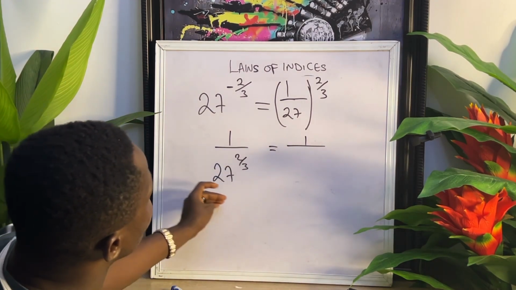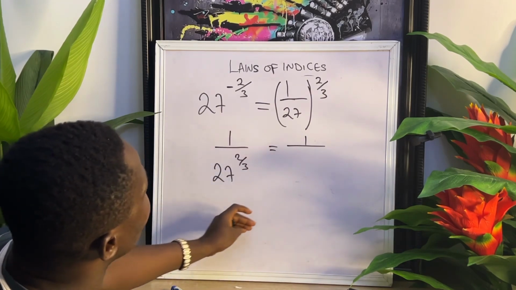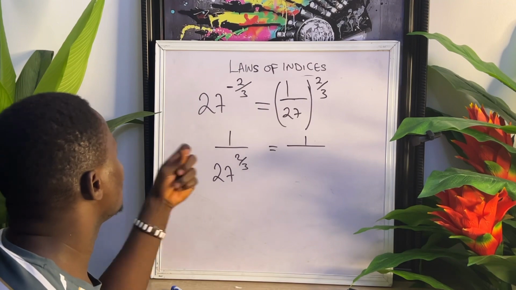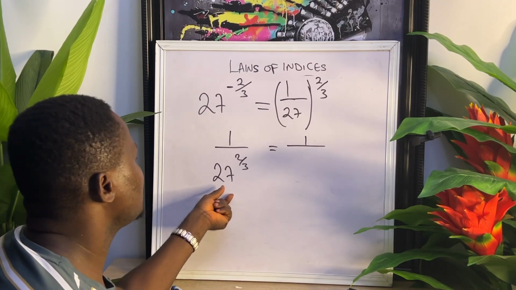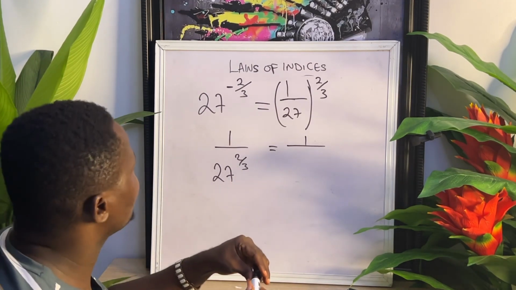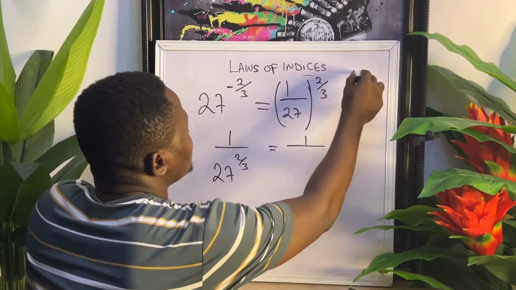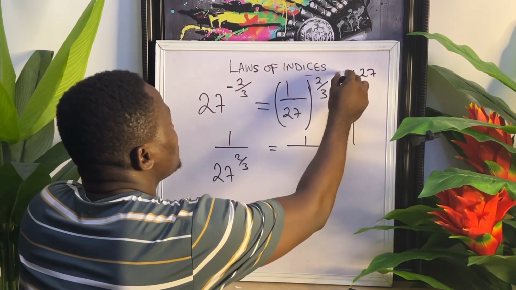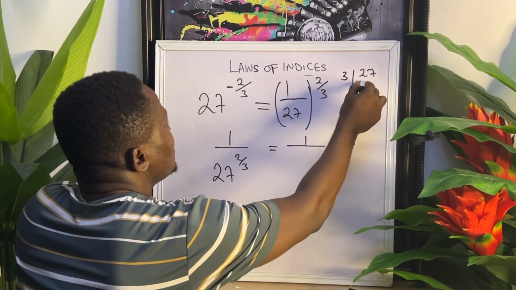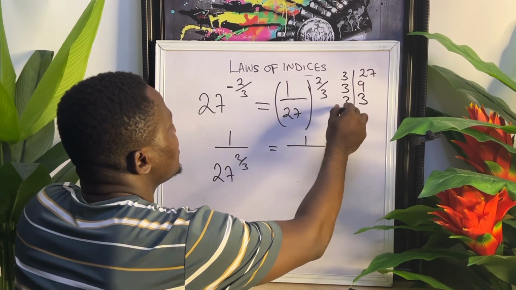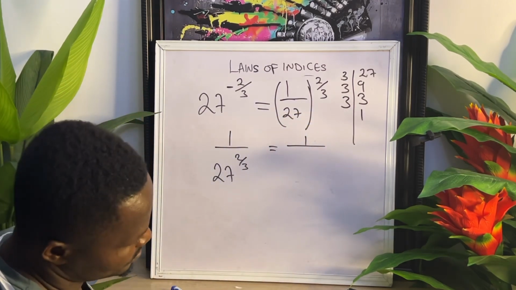For this denominator part, we apply fractional power law, which means we express 27, that is the base, as a product of prime factors. The smallest prime factor that goes is 3. Here is 9. 3 again goes. Here is 3. 3 again goes. Here is 1.